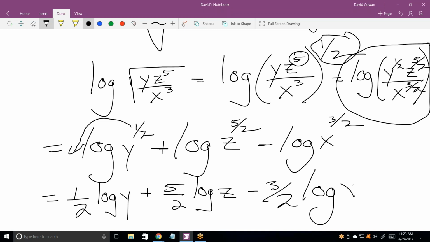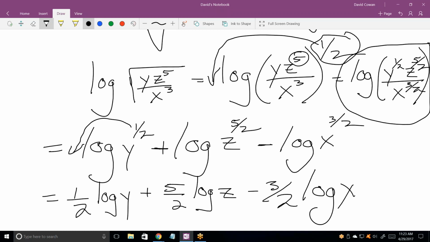And notice why it would have been a little more difficult if I'd have moved the half down there in the first place. Then I would have had 1/2 in front of my log, and I would have had yz to the 5th. I would have still had to apply that 1/2 to each of the 3 log expressions.